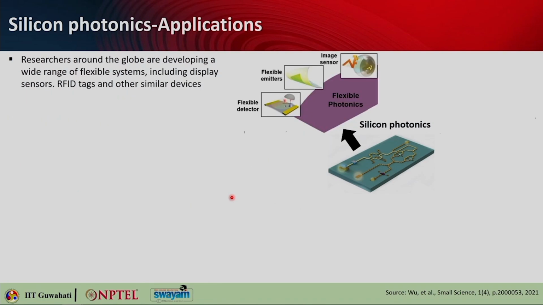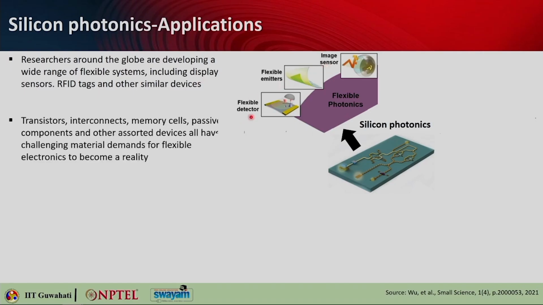The next application would be in flexible photonics. Researchers around the globe are developing a wide range of flexible systems including flexible displays, sensors, RFID tags and similar devices. You can think of image sensors, emitters, detectors, all flexible, based on flexible substrates.